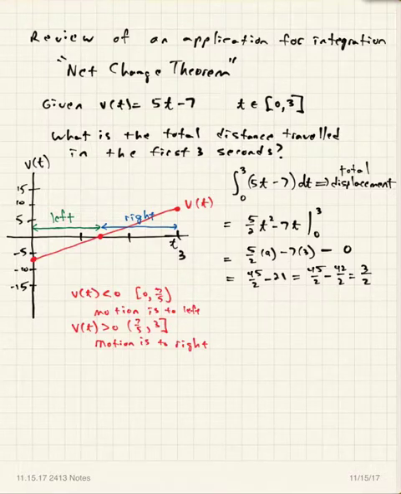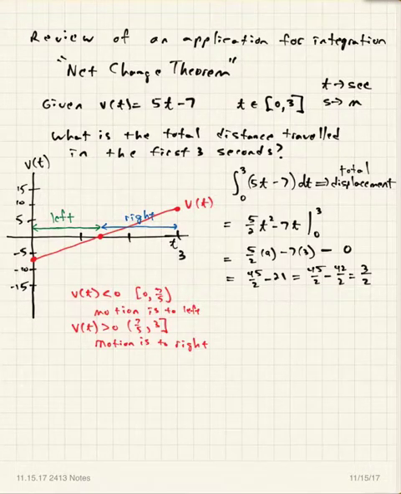And let's say the t is in seconds. I didn't say that at the beginning, but let's say that distance is in meters, right? And so velocity would be in meters per second.